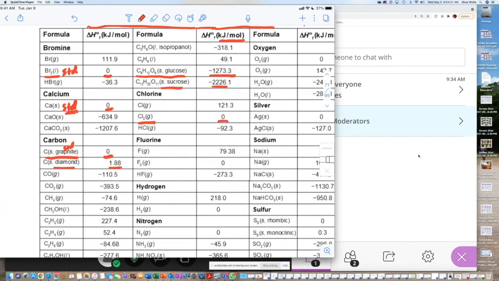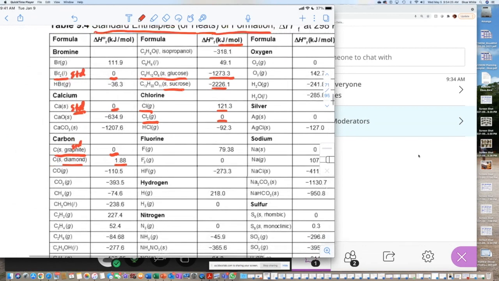Chlorine standard form is 0; chlorine non-standard form has a value. So remember, you want to pick the reactants in the standard form, which have a delta H value of 0, not the ones that have numbers. Those are your valid ingredients.